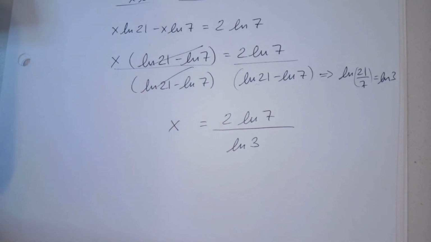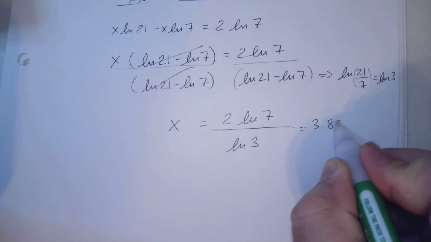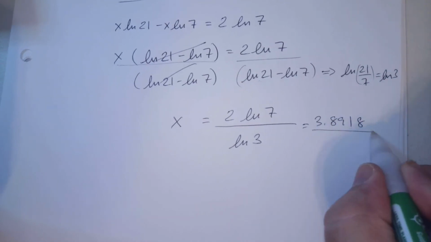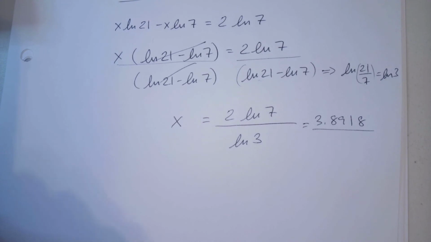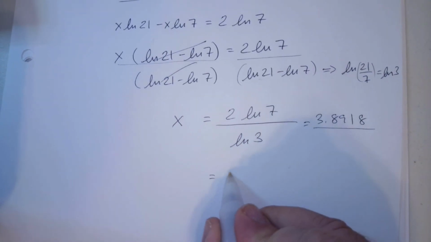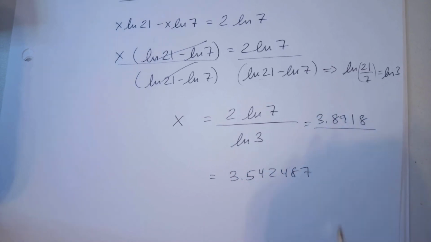All right, so let's see. 2 times ln 7 equals 3.8918, divided by ln 3, which gives us 3.542487.